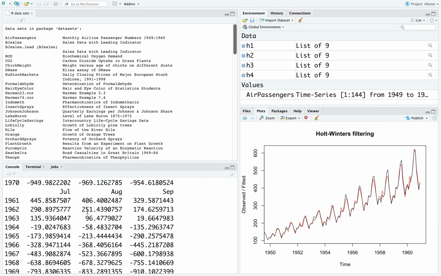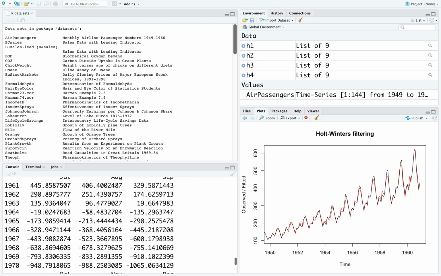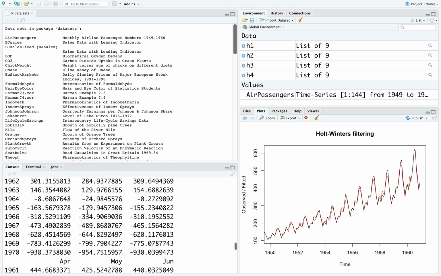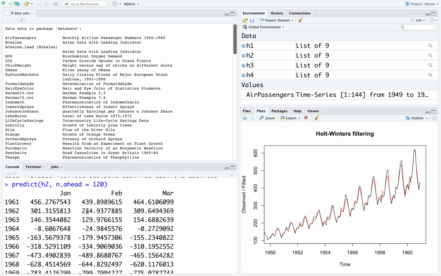Beyond about 3 years, it is telling me that the passenger volumes will be negative. What does it even mean, right? It does not make any sense at all. So, after some years the predictions are all wrong, right? 1964 January, the passenger volume cannot be minus 8.6, right.